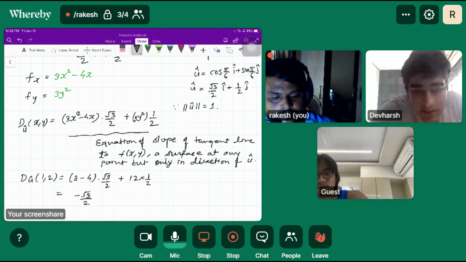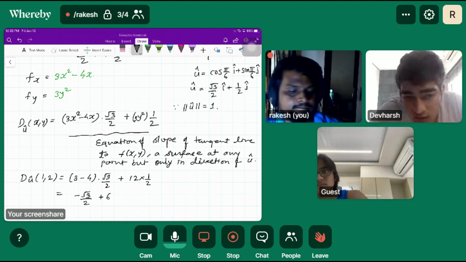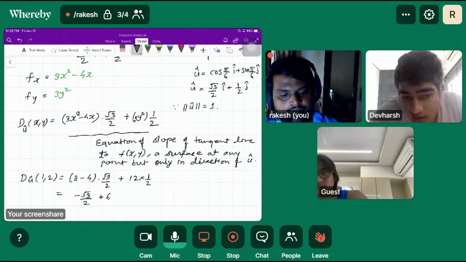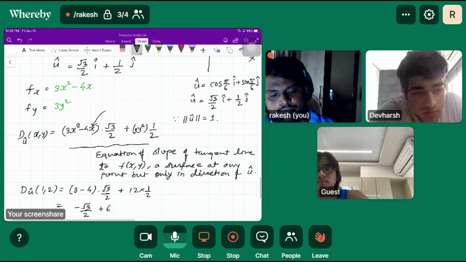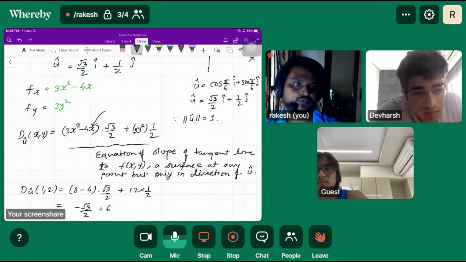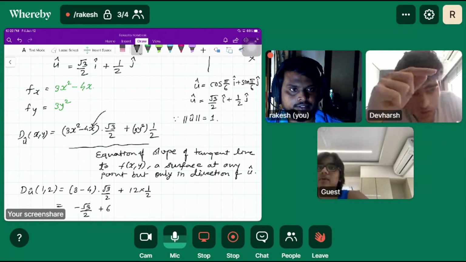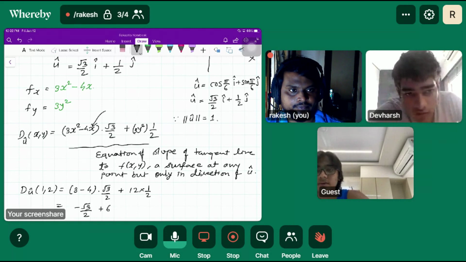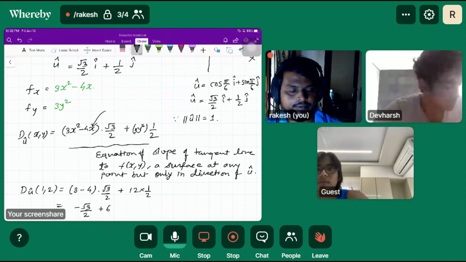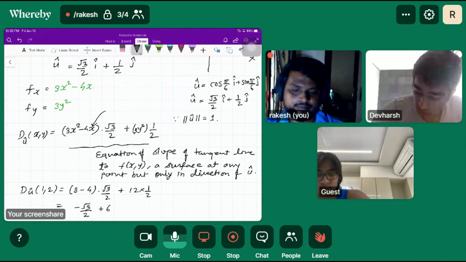So 3 minus 8, not 3 minus 4. Now this is x also. You have to substitute 1 only. It's 3x square minus 4x, that's not 4y, that's 4x only. It's 3 minus 4. Oh, my bad, sorry.